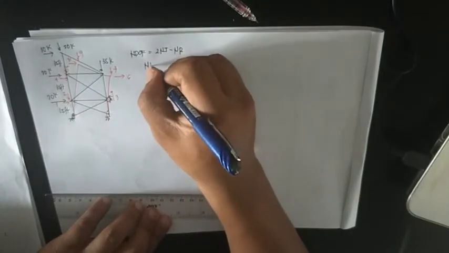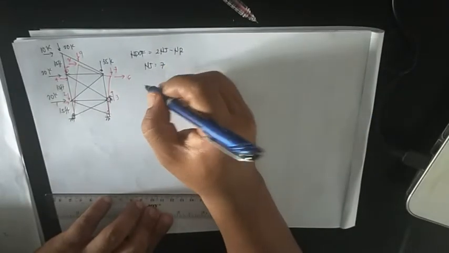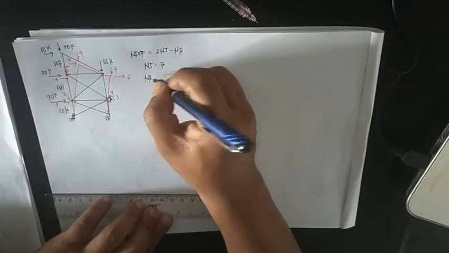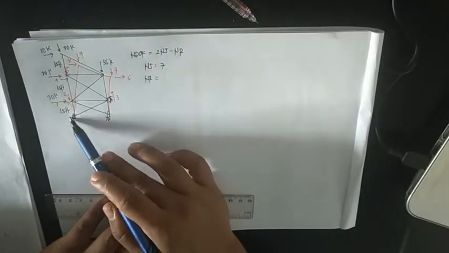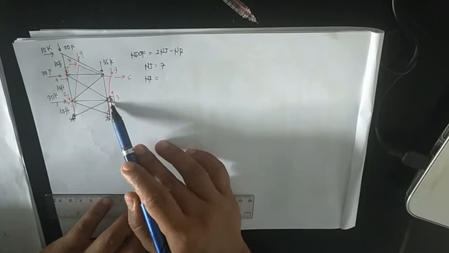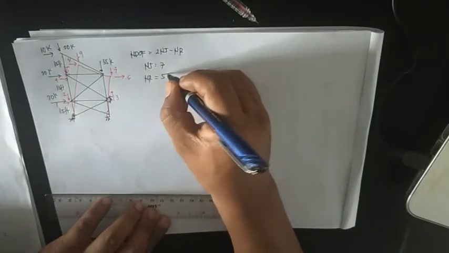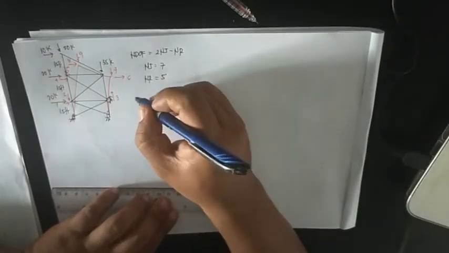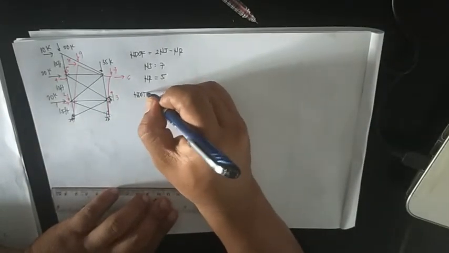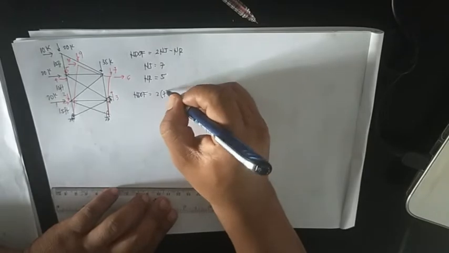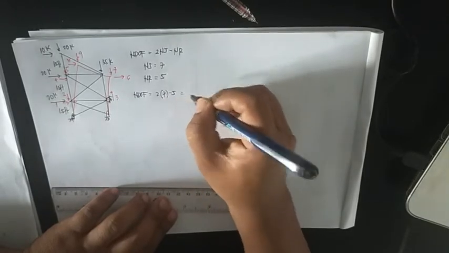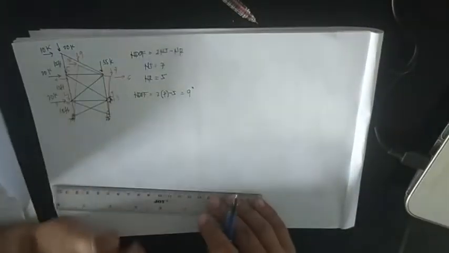So the number of joints is actually 7. How many reactions? It will be 1, 2, 3, 4, 5. Okay? 5. So now, the number of degrees of freedom will be 2 times 7 minus 5. It will be 9 degrees of freedom. Okay?